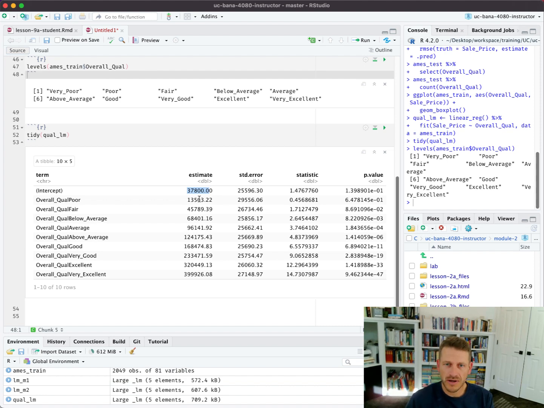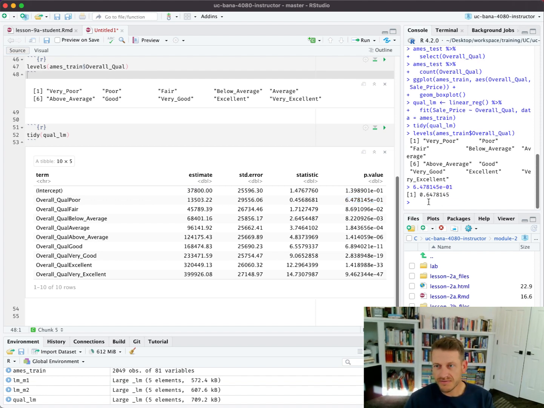more than very poor. Now we can see in this case the p-value here is 0.65. So that's not very small, right? We could say that we don't have very high confidence that there's a true difference between the expected sale price of very poor homes, the reference, the intercept, and homes that have just a poor rating.